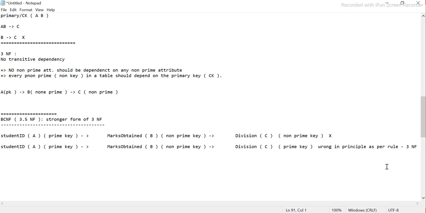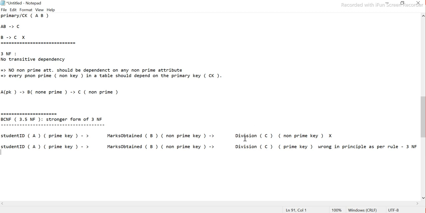I think this is not the right way, because the primary key or the primary column should not be dependent on any non-prime key, isn't it? So, just to restrict this, we have come up with BCNF.